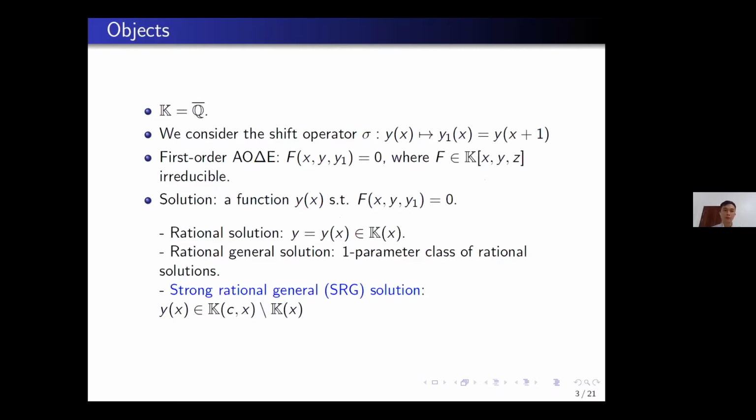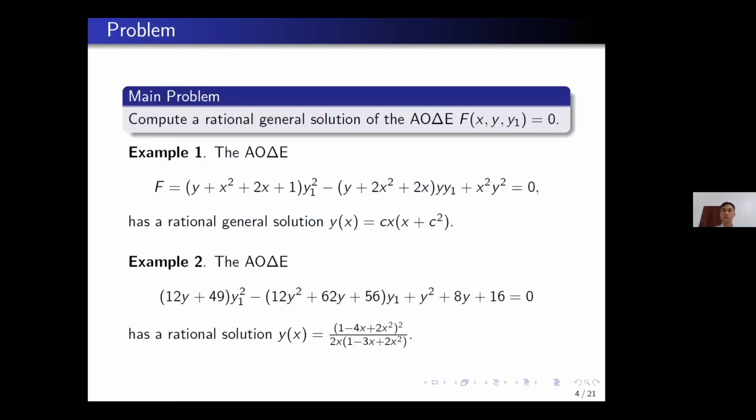The main problem is to compute a rational general solution of the first order AOΔE f(x, y, y1) = 0. I give here two examples. The first one is an AOΔE of the first order and second degree in y1. It looks not easy, and it has a rational general solution y(x) = c times x plus c squared.